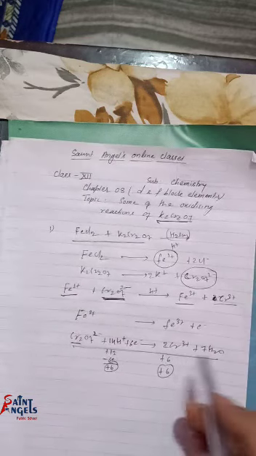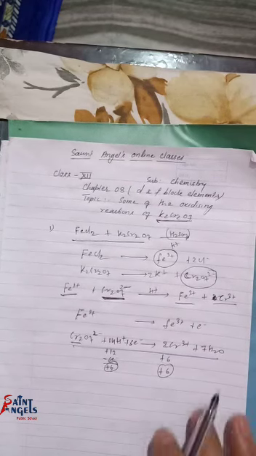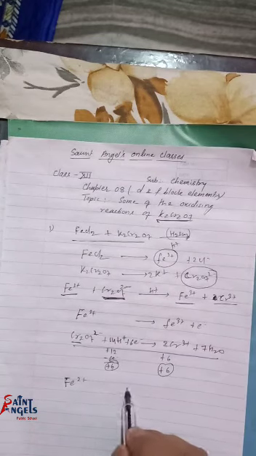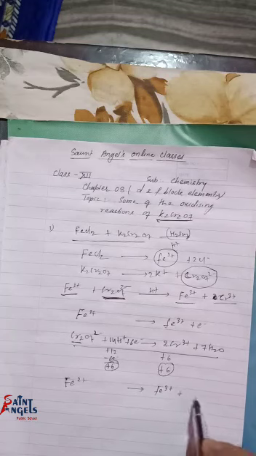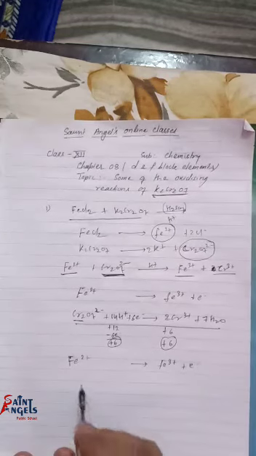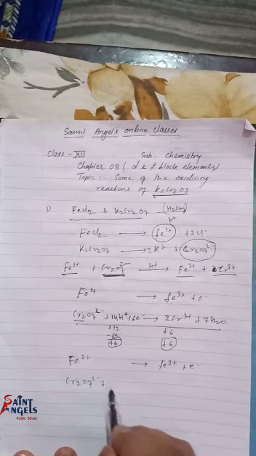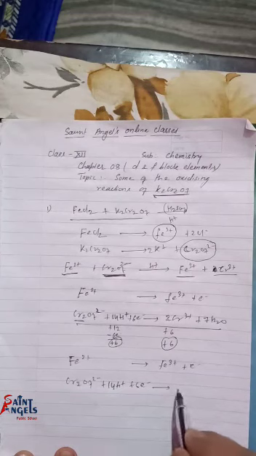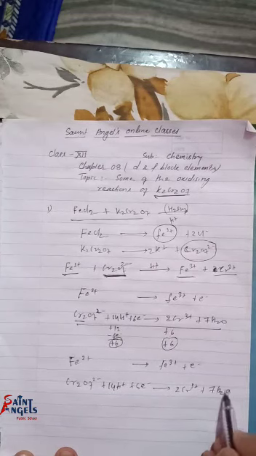Now you have to write the net equation. How to write the net equation? Fe2+ gives Fe3+ plus electron, and the reduction reaction is Cr2O7 2- plus 14H+ plus 6 electrons gives 2Cr3+ plus 7H2O.